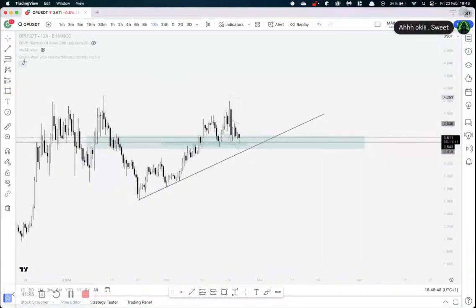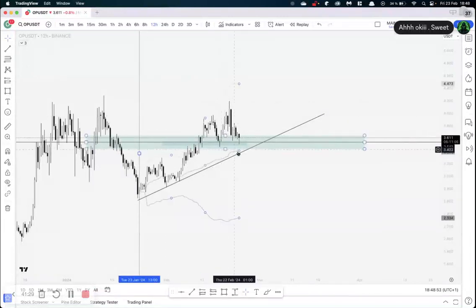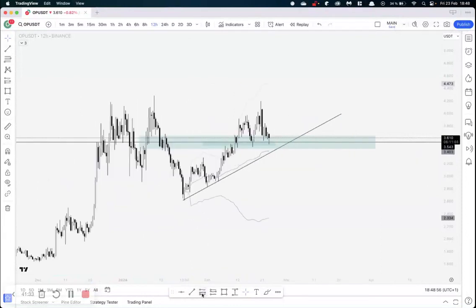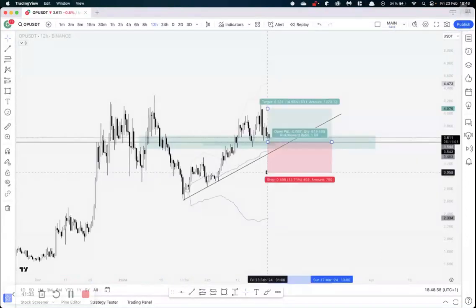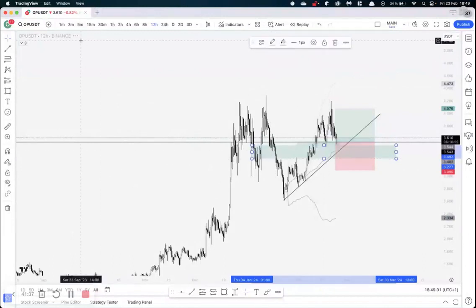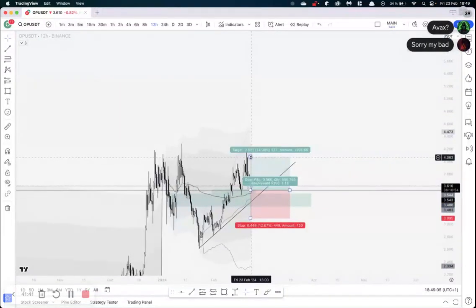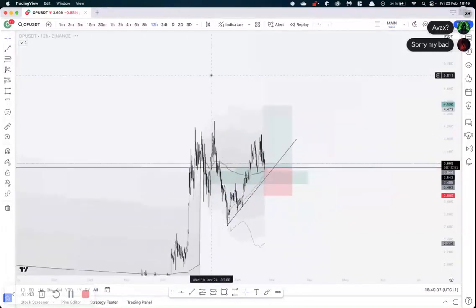And if I turn on this anchored VWAP here, if I go to the low here, you'll see it's approaching. So yeah, longing OP down here is the idea, looking for something like this on OP.